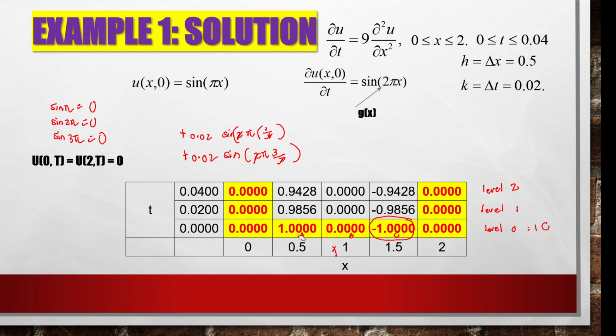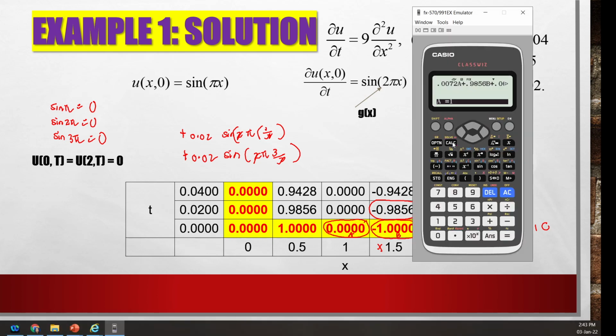The explicit scheme should be easier than the implicit. Next, to calculate u31, this one. A is the left bottom, B is the center bottom, C is the right bottom. This is C, this is X. Then you calculate.